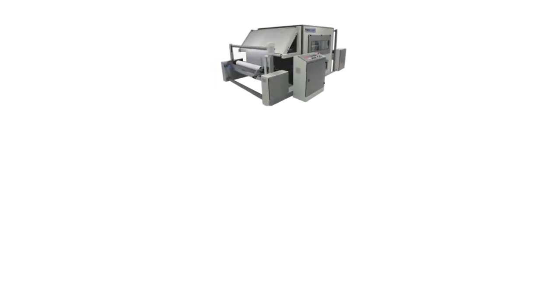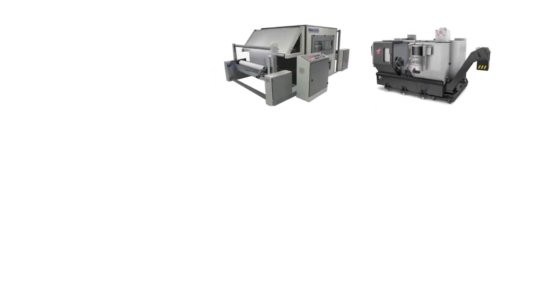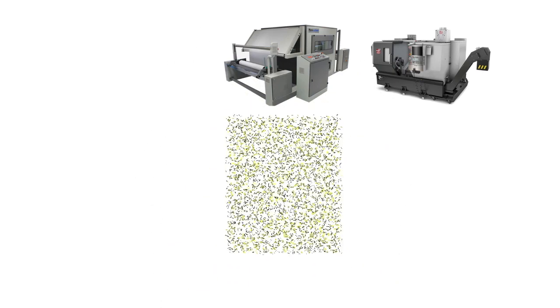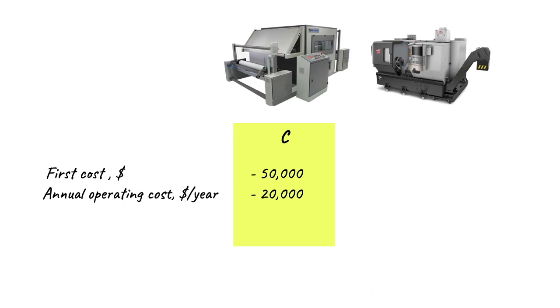In this example, you have to decide between two different machines. Both of these machines have different initial cost, different operating costs, different salvage value, and different warranty time. Let's say the machine on the left side is machine C. Its initial investment, or first cost, is $50,000, and its annual operating cost is $20,000 per year.